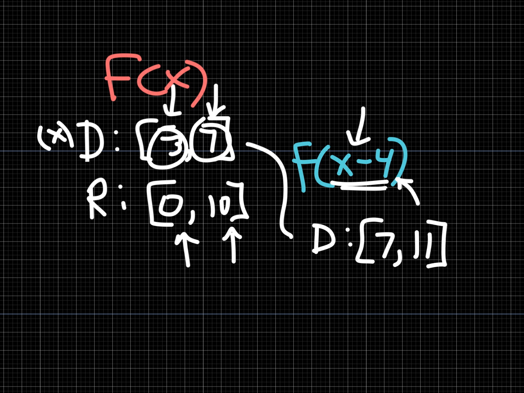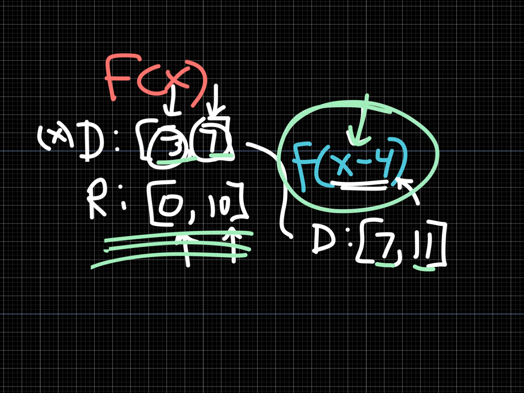Notice both numbers went up by 4. Opposite of what you would think. You'd think you'd want to subtract 4 from them. And my range would just stay exactly the same because this didn't do anything to the y values. It only messed with the x values.